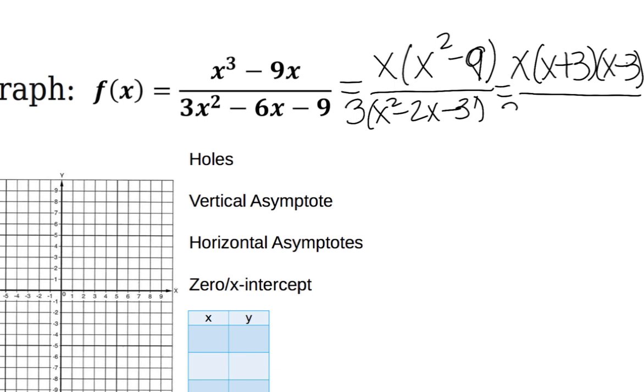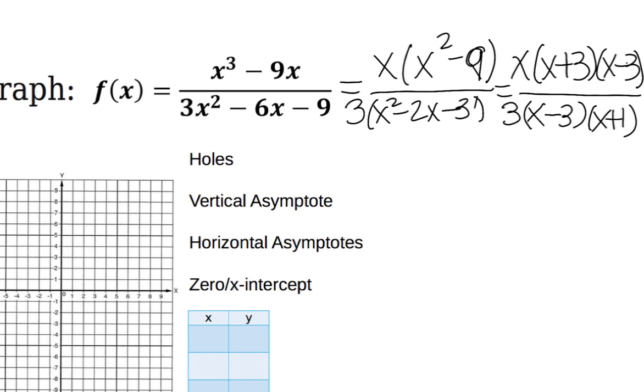So I still bring along that 3. And then I can factor this to what adds to negative 2 and multiplies to negative 3. So those two factors are going to be negative 3 and 1. So I have x minus 3 and x plus 1. So I've got a lot going on here, so I want to break it down to each of these key features.